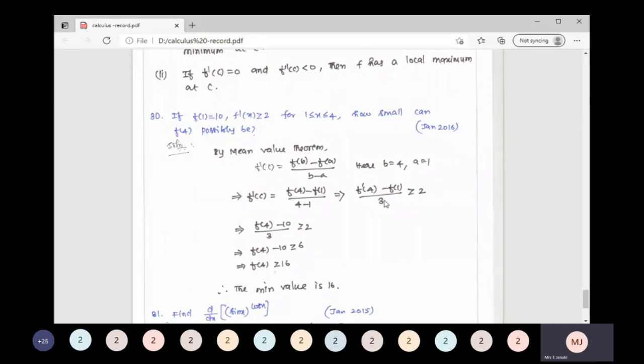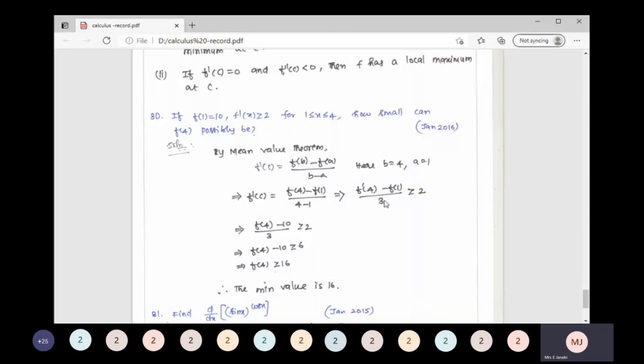What about f of 1? The given condition is f of 1 is equal to 10. So f of 4 minus f of 1 divided by 3 is greater than or equal to 2. Why? Because f dash of x, the derivative value, is greater than or equal to 2. That is a given condition.